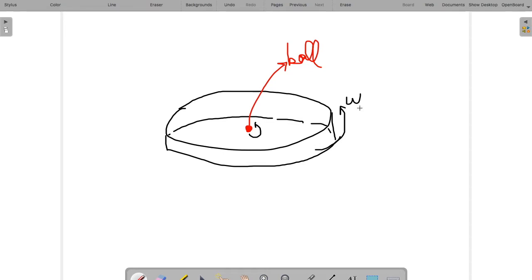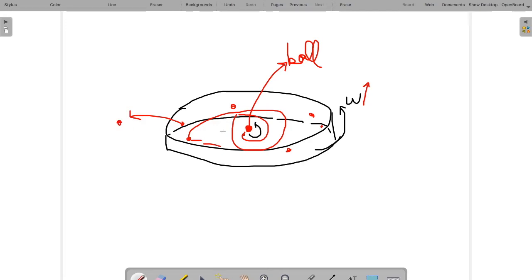And the more the rotational speed of the entire platter increases, you will see that the ball will start doing a motion like this, and then like this, and then at the end of the day, the ball will start actually turning around the sides of the platter. It's as if it's trying to get out of it. So if you increase your speed even more, then the ball will just go out. And you can try this experiment.